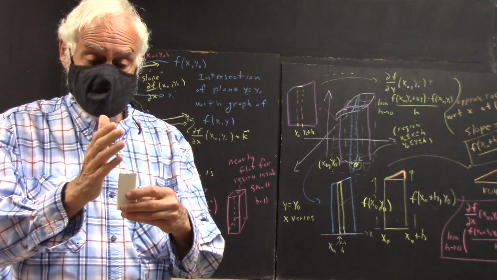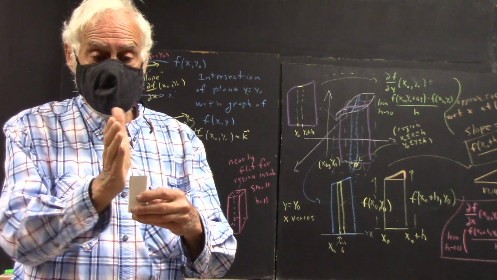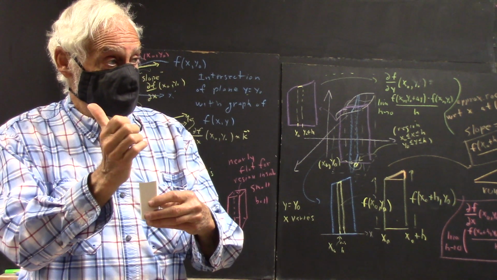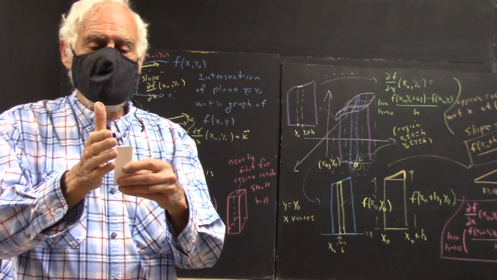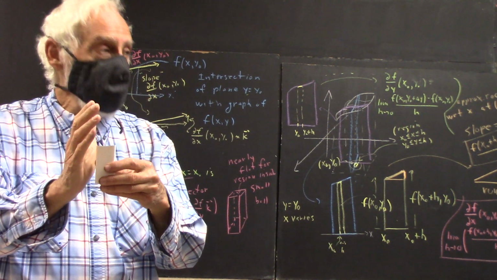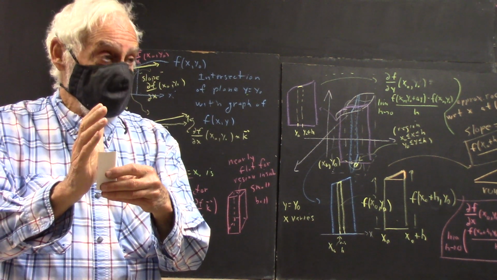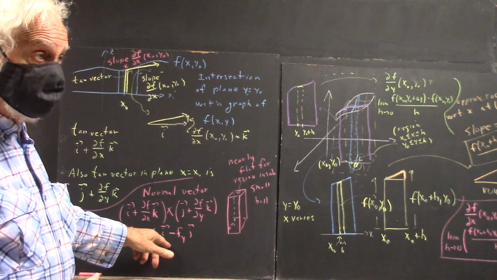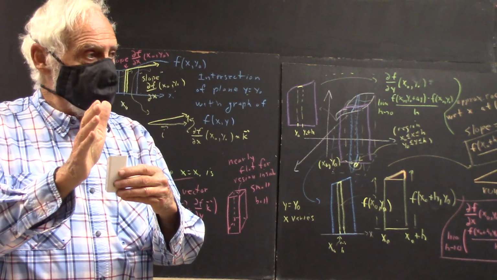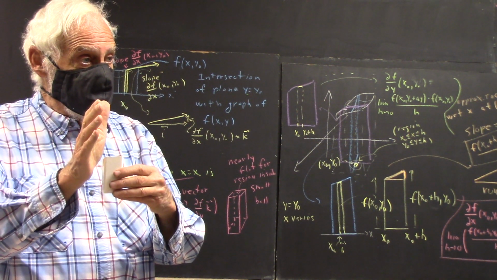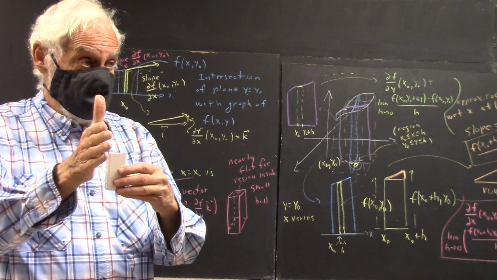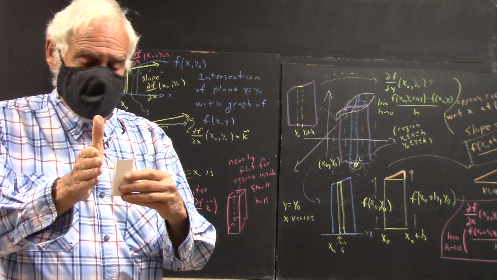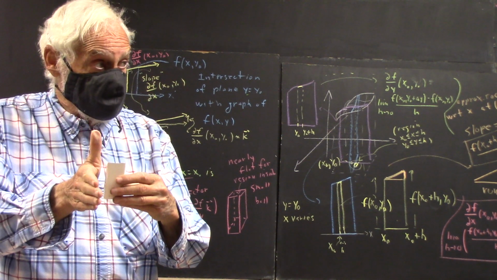And similarly, the steeper this is, the more you've got to tilt your hand in order to match this slope. So fx tilts you back in the negative x direction, corresponding to negative fx times I. Positive x derivative tilts you back this way.